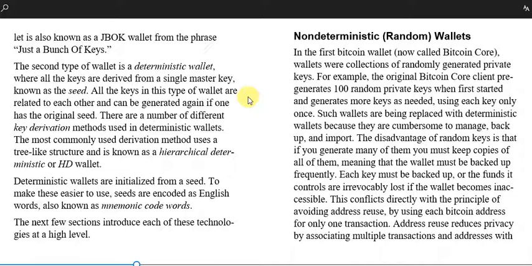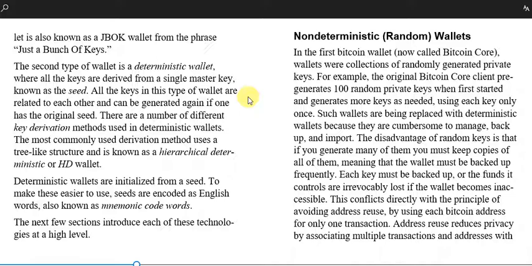Non-deterministic (random) wallets. In the first Bitcoin wallet, now called Bitcoin Core, wallets were collections of randomly generated private keys. For example, the original Bitcoin Core client generates 100 random private keys when first started and generates more keys as needed, using each key only once.